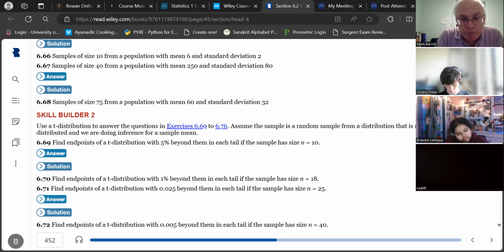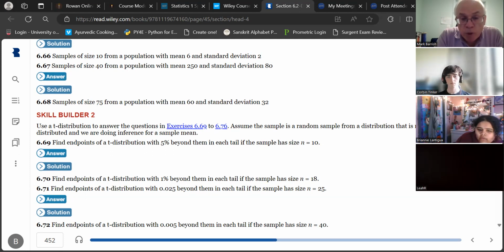So what it's saying here is that each endpoint of the t-distribution, 5% is beyond them in each tail. So what does that mean? It means that 5% of the area is in the left tail, 5% of the area is in the right tail.